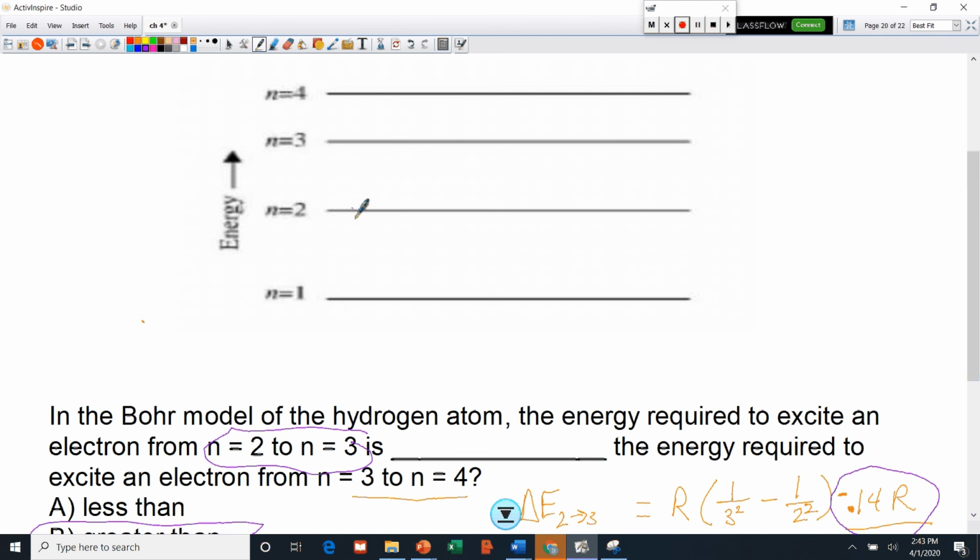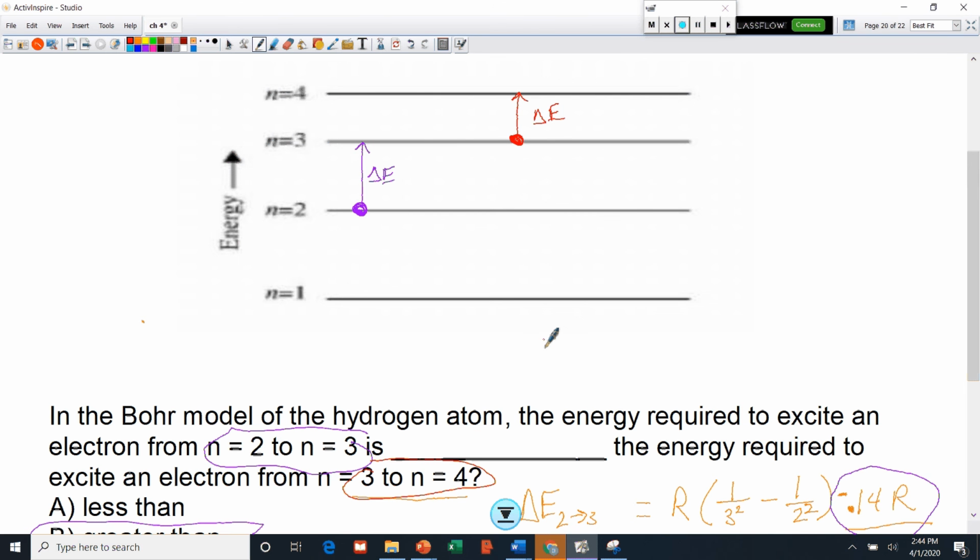If an electron goes from 2 to 3, this is our change in energy, and then another electron, let's use red, goes from 3 to 4, and that's another change in energy.